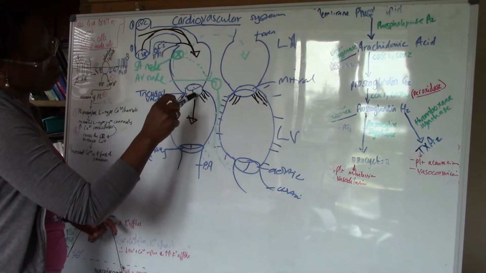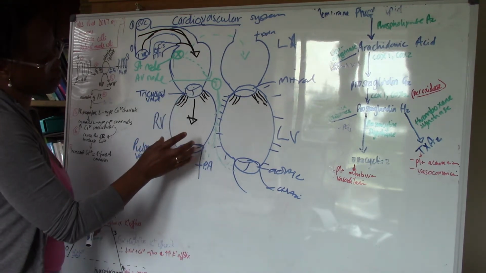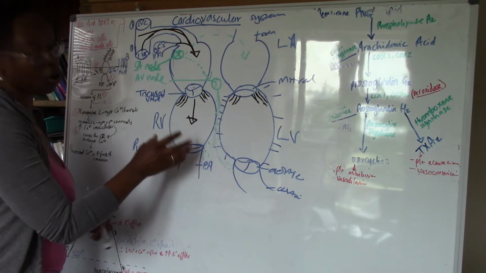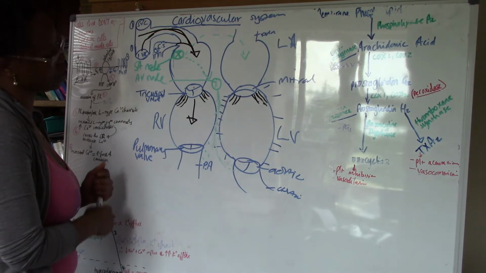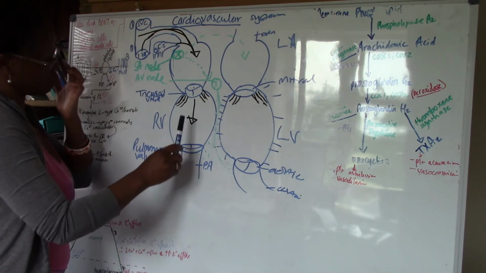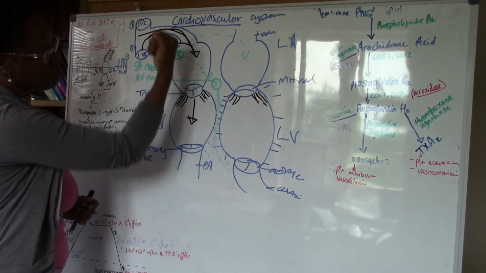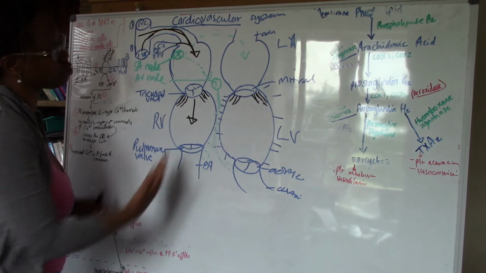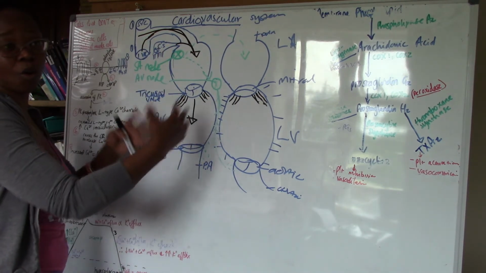It continues to fill, and as it fills, the pressure within the ventricle obviously continues to increase as it's filling and enlarging. Once it becomes full, blood pushes back against the tricuspid valve, which then shuts, allowing even more pressure to build up.